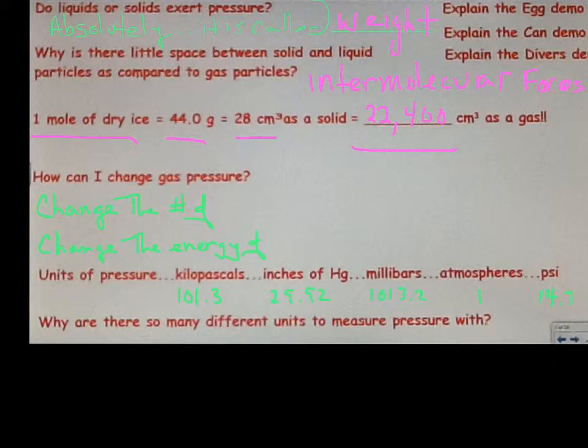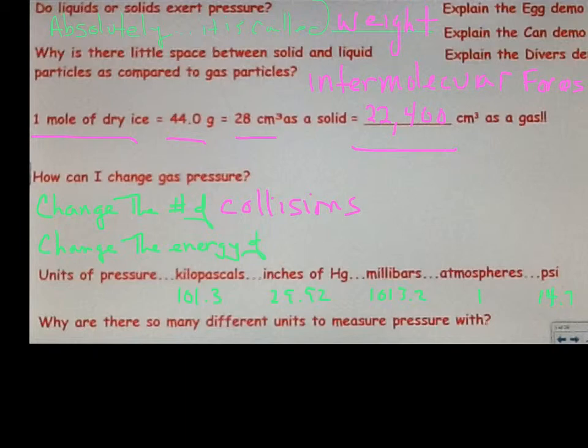So, next question, how can I change gas pressure? You change gas pressure by changing the number of, think about it, collisions. Okay, so how do you change the number of collisions? You can change the volume. If I make the volume smaller, I'm going to have more collisions, or I can change the number of particles.